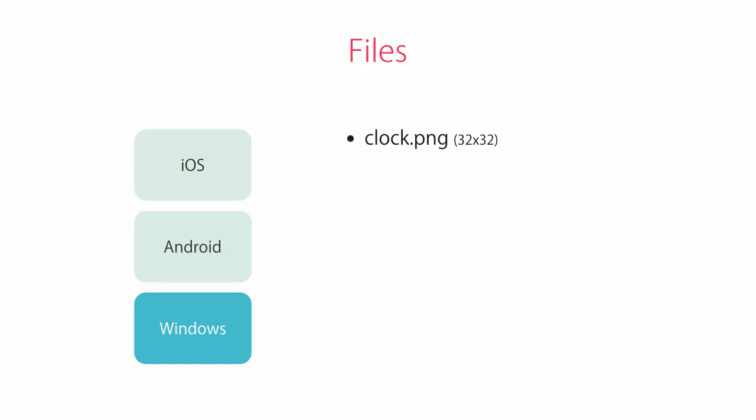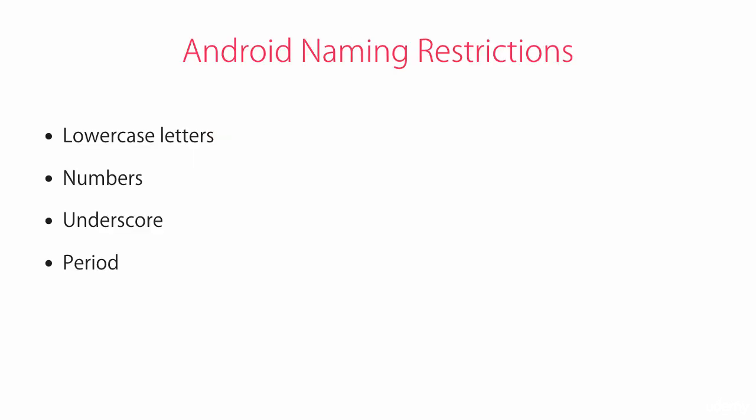Some documents claim that with Windows you can supply images with different dimensions, but other documents deny that. So honestly, I have no experience in that area, and that's why we have only one file inside the Windows folder. Now, one thing you need to know about Android is that the name of your file should only contain lowercase letters, numbers, underscore, and period.